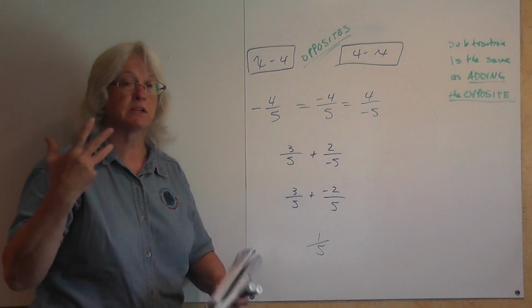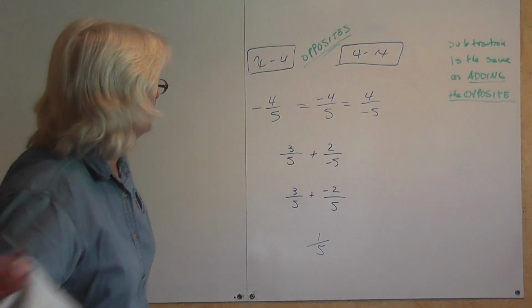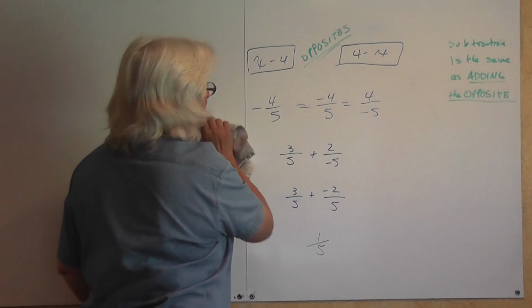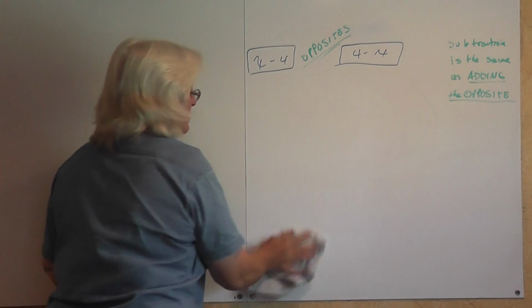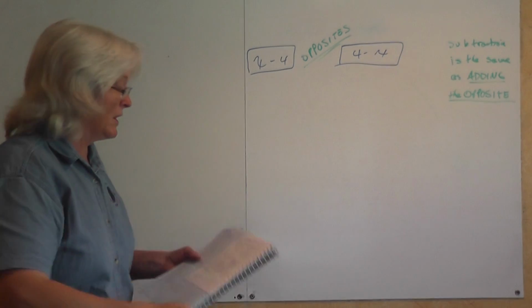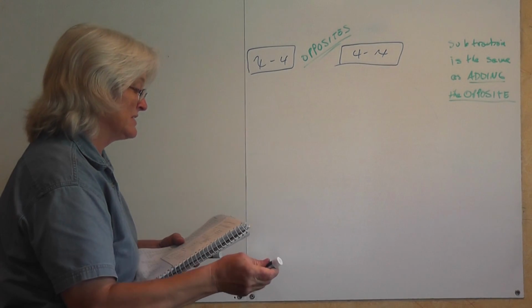So now let's think about positive forms. We have this negative fraction here. What are 3 different ways that you can write -3/7?